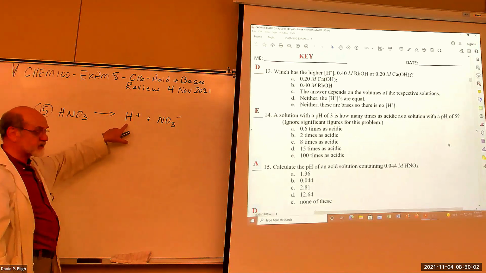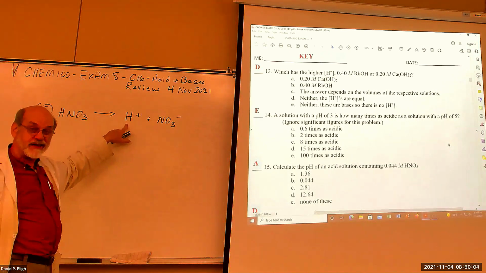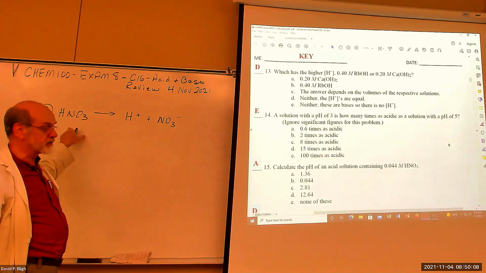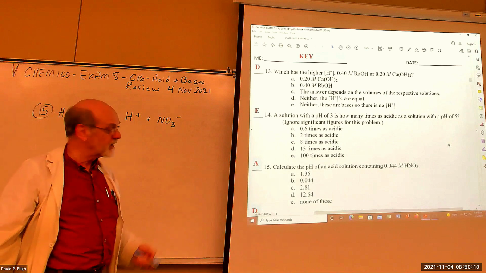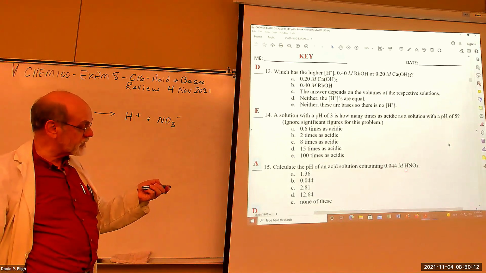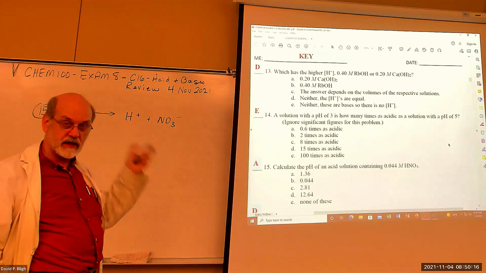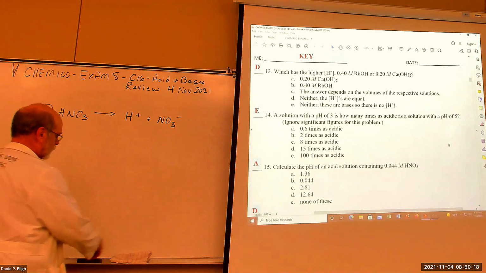Right? So there's your hydrogen ion concentration, which will be equal to the concentration of nitric acid in solution because it's a strong acid. So this is the concentration of hydrogen ions also. And you just do the calculation and you got your answer. So we're not going to stop on that.